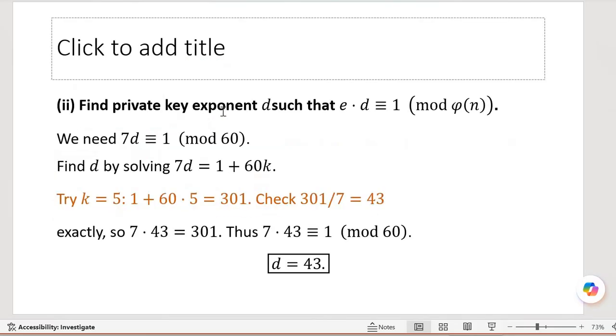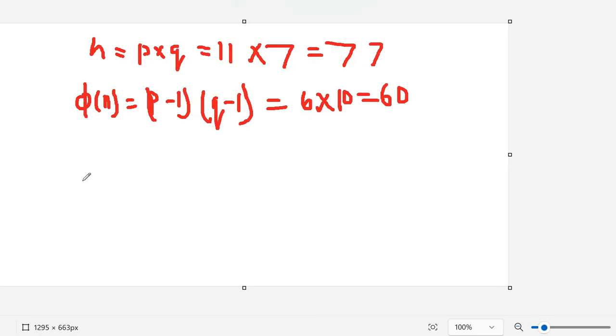So we will be using this equation: E into D is equal to 1 mod phi n. We have to use this equation to calculate the value of D. Just let me go to Paint and then I will tell you.